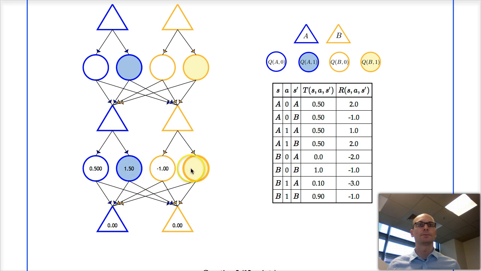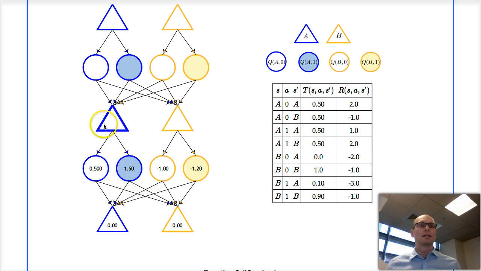That's our value here. Here we're in state B, took action 1. We have a 10% chance of going to A, 90% chance of going to B. So we have 0.1 times, and when we go to A, we get -3.0 instantaneous reward, 0 at the next time. When we go to B, which is probability 0.9, we get an instantaneous reward of -1.0 plus 0 value at B, and this is our value here.